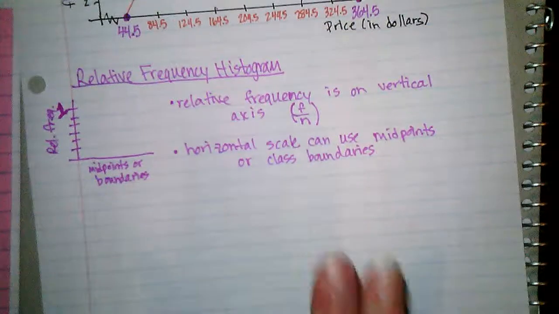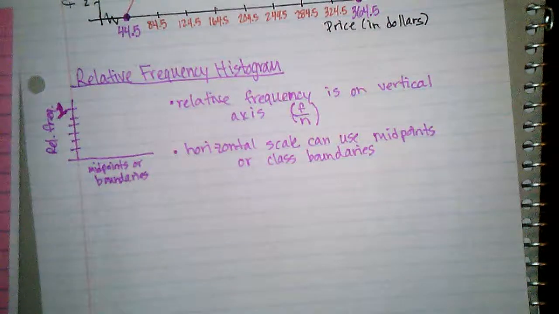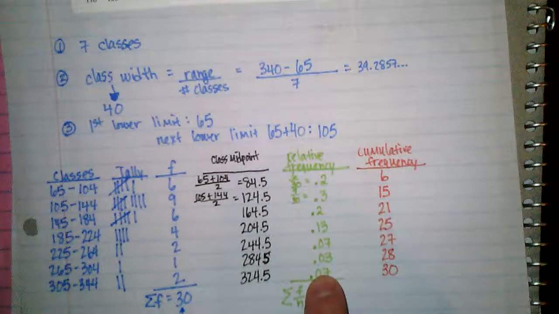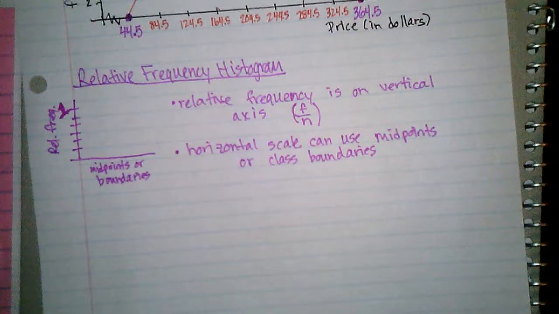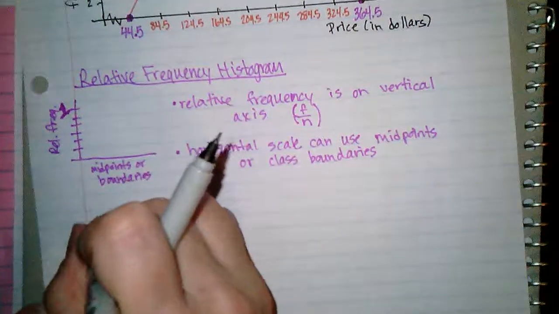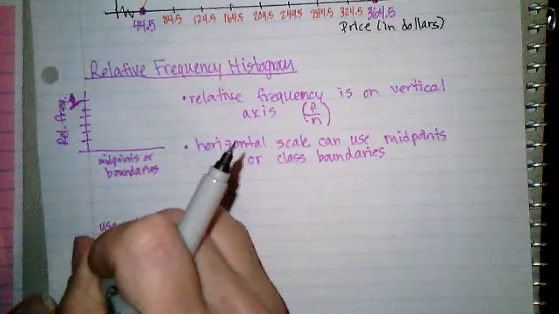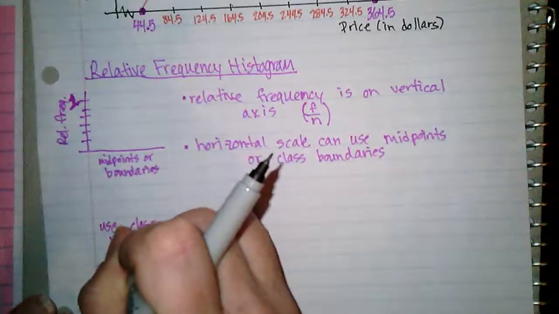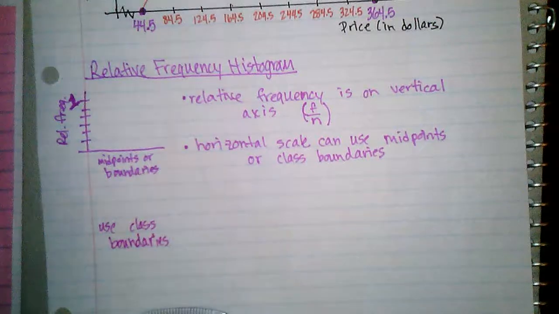So we had a column in our frequency distribution that was for relative frequency. It was this column here. So we're going to be using that to create our histogram. And I'm going to choose to use class boundaries, because we just did one that had midpoints.